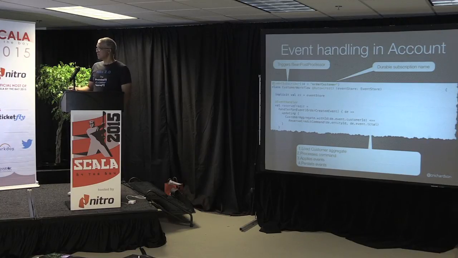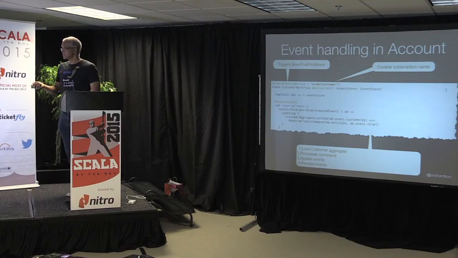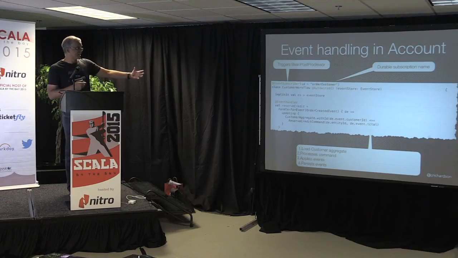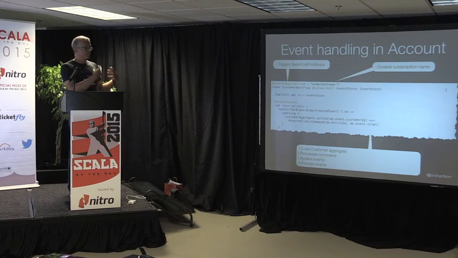And I want to reserve credit for the order entity that published the event for this amount of money, the total coming out of the event. And under the covers, that's actually loading the customer aggregate with that ID, processing the command, applying the events to the aggregate, and persisting it in the event store.